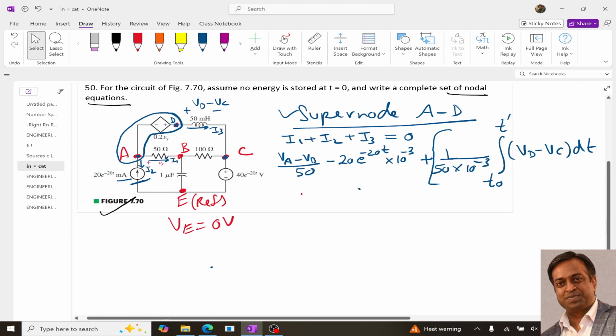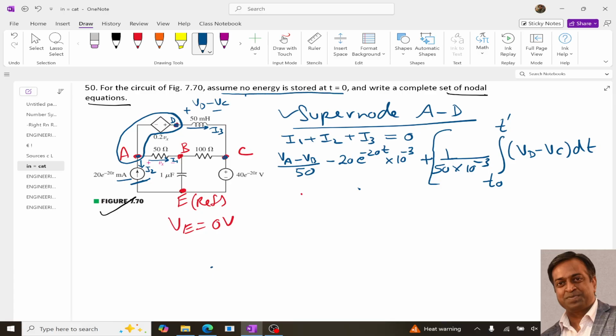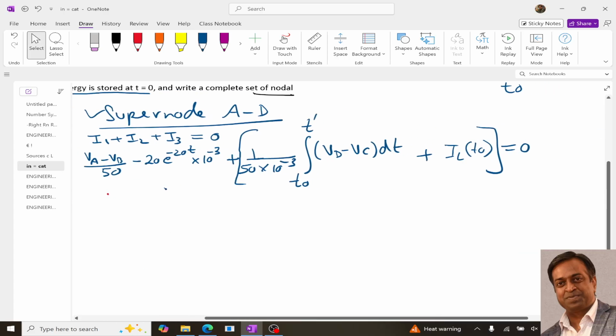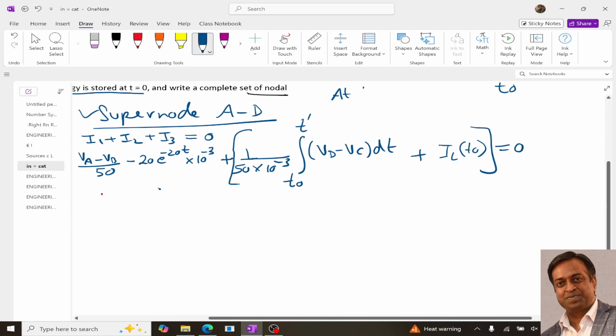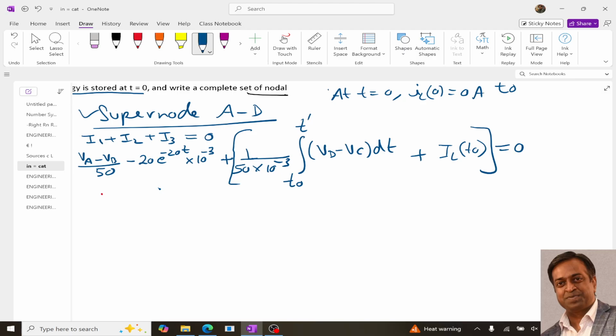Now over here, the question says that assume no energy is stored at t equals to 0. Now it means no energy, that at t equals to 0, the current IL will be equal to 0, right? So considering this, we will equate it to 0, and this t naught will be 0.